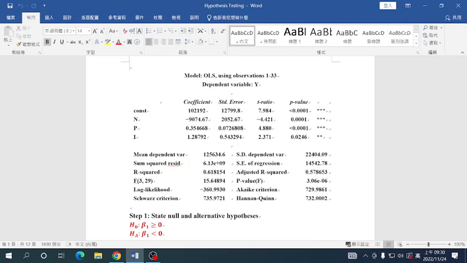Right, only individual. Therefore, when we explain the meaning of the coefficient of individual independent variables, we need to add on what kind of terms? Holding other variables constant, right?